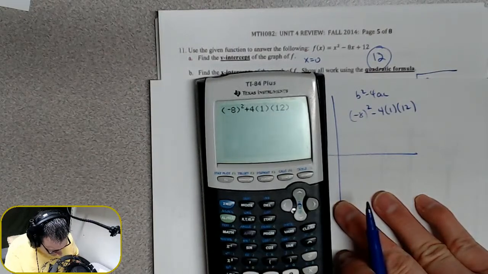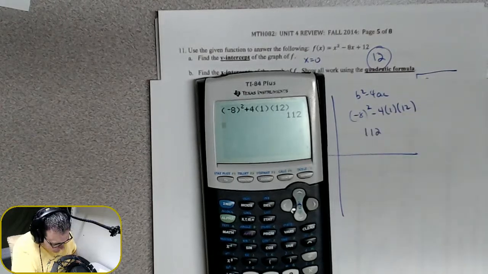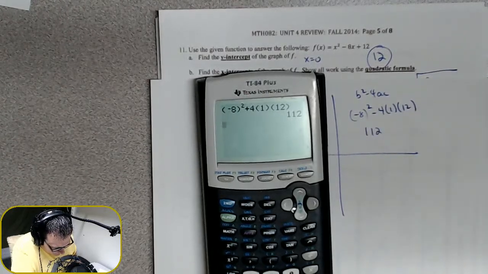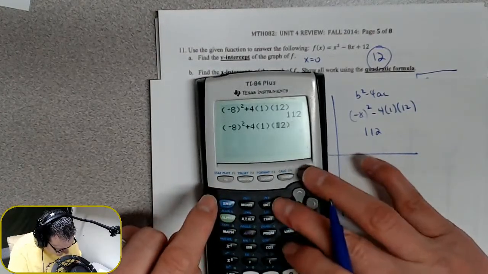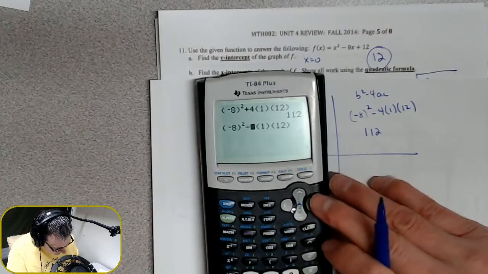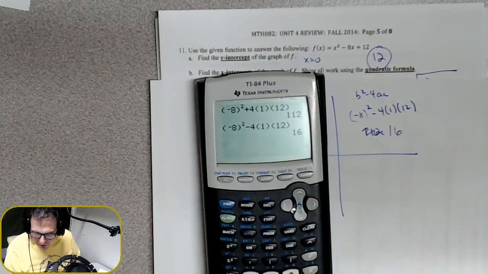Don't forget to use parentheses there if you're using a TI. Okay, whatever it is. Everybody okay with that? Oh, wait. I put plus. Let me change that. A little minus 4ac. Oh, sorry, 16. Be careful. Always check your work.